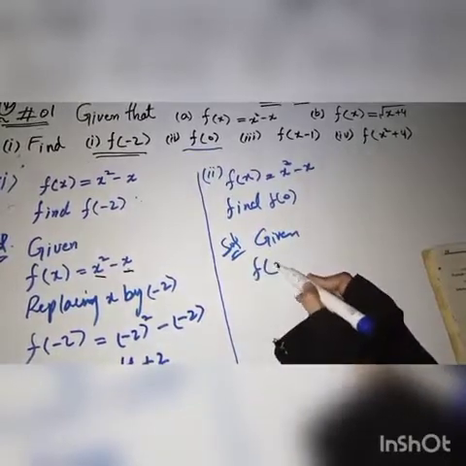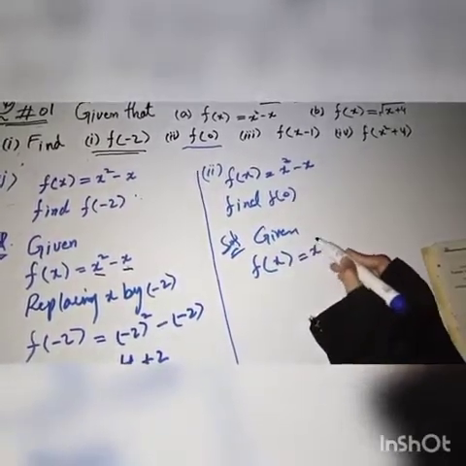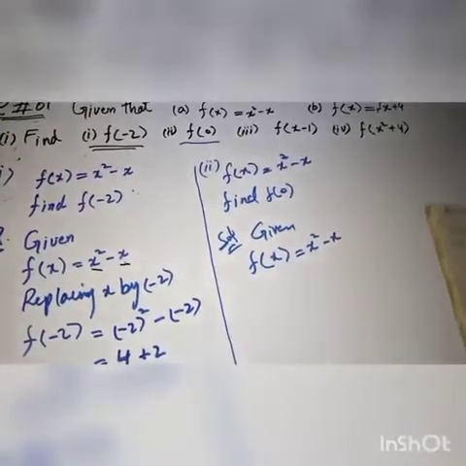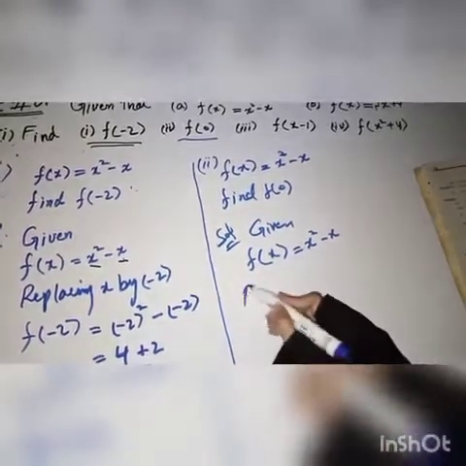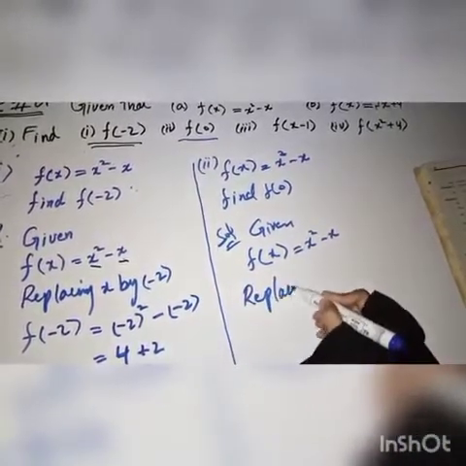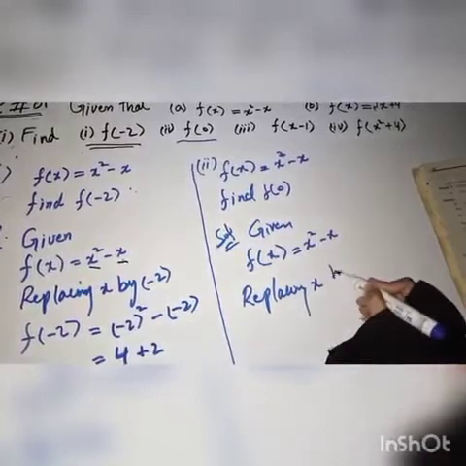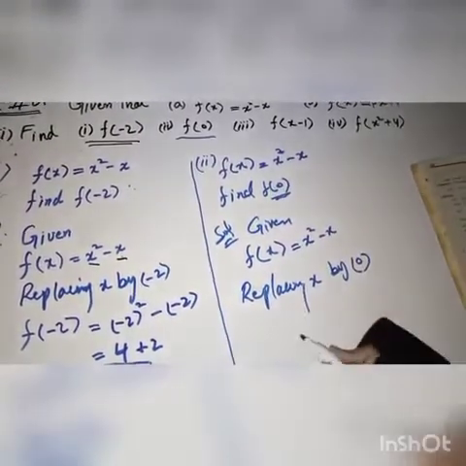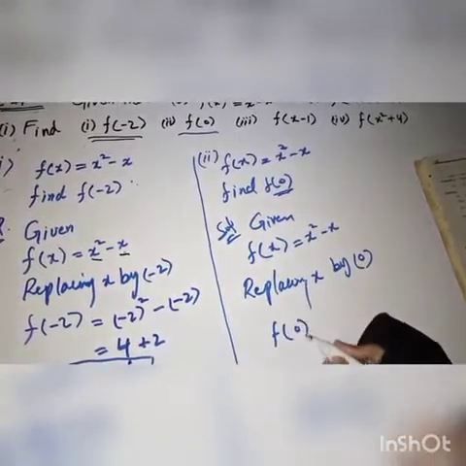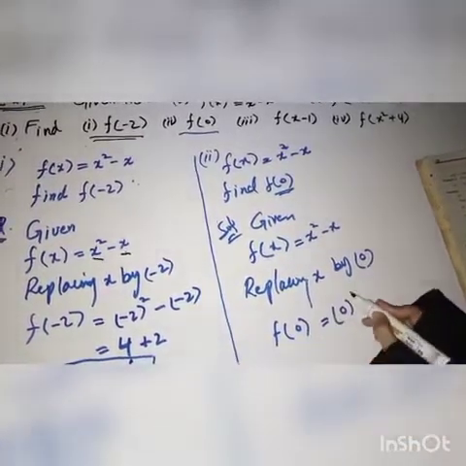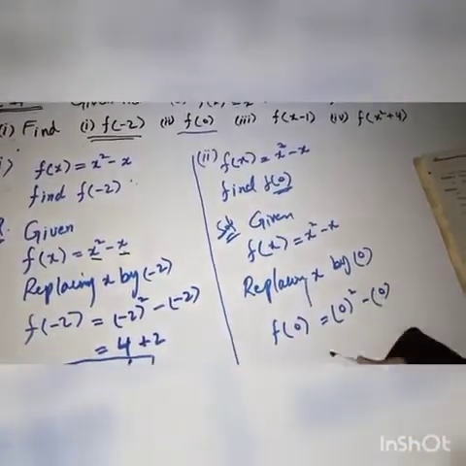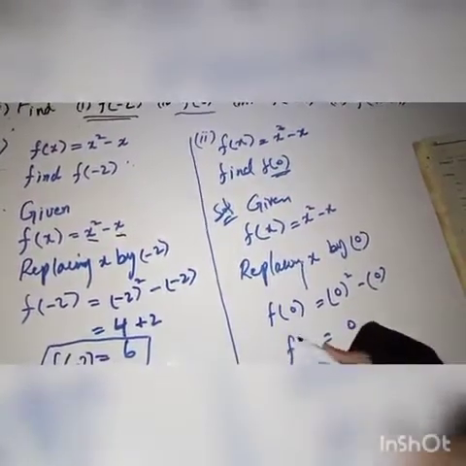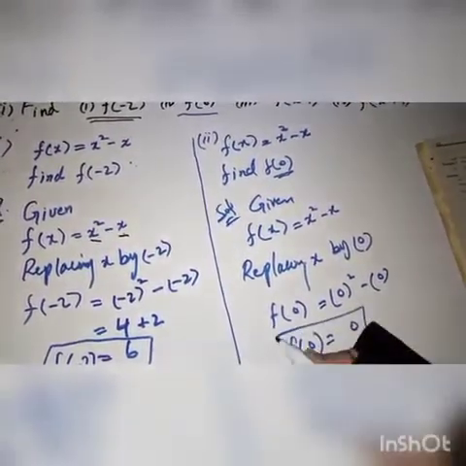Given is f of x is equal to x square minus x, while by replacing x by this 0, f of 0 is equal to square of 0 minus 0, that is equal to 0. So this is our required term.